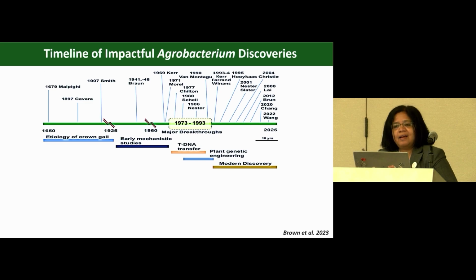And since then, look how far we have come. The major breakthrough in this technology came during what is called the golden era, where a lot of things happened, where we understood how T-DNA is transferred, and its utilization for the genetic engineering of plants.